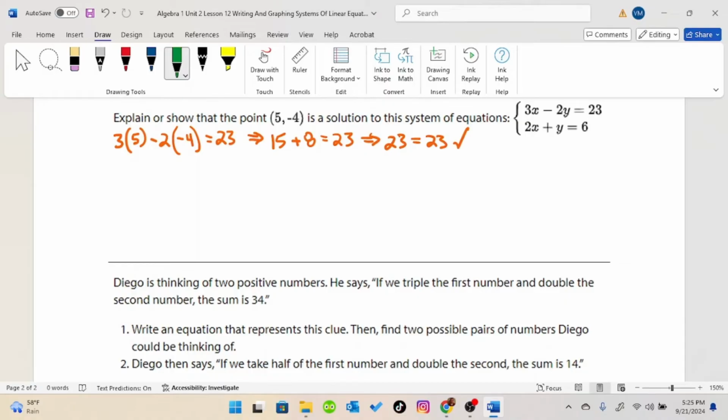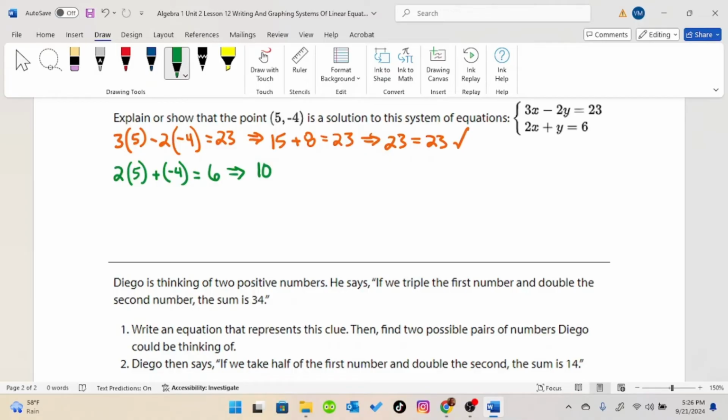Now we need to check the second equation. We have 2 times x, which we're going to substitute in 5, plus y, which we're going to substitute in -4, and that should equal 6. 2 times 5 is 10.